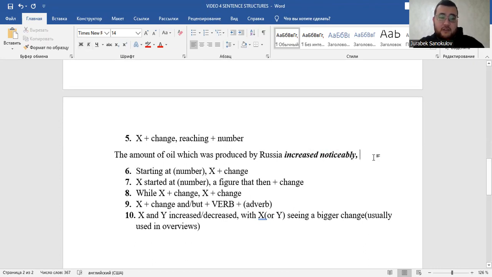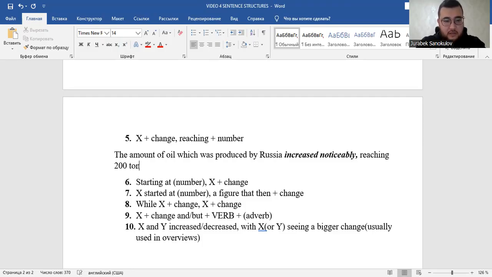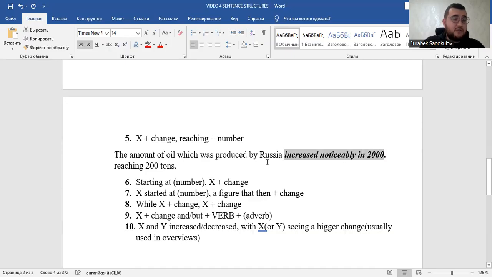I didn't include the number yet, but I just included the change. Now I will include the number using this, reaching 200 tons. I didn't include the year. Let's just include the year or period as well. Let's just say 2000. That's it. That's how you will use it. The amount of oil which was produced by Russia increased noticeably in 2000, reaching 200 tons.